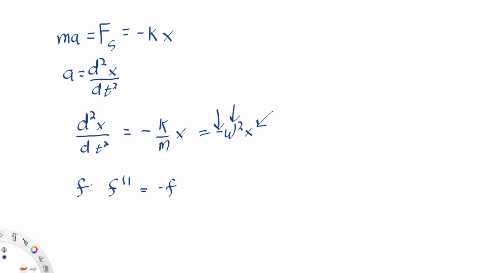And I'll give you a hint. There's only two functions that have this property. It's just sine and cosine. So the only possible solutions here, right, are either x is a sine function or x is a cosine function.